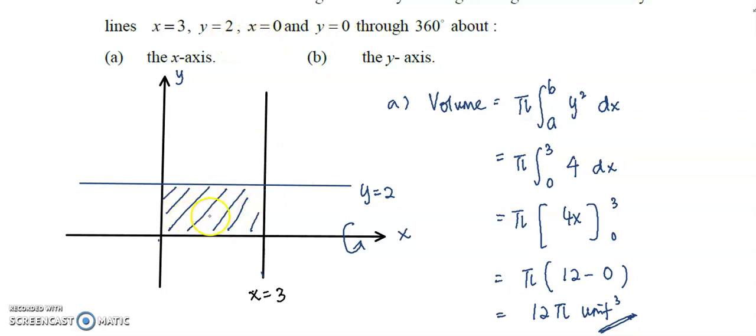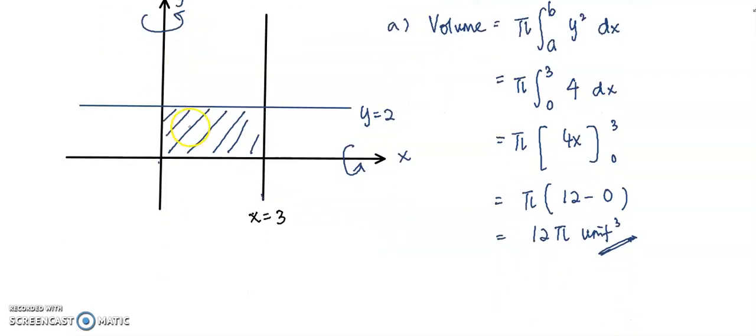Now this piece of region is going to be rotated about the y-axis for 360 degrees. So we will form another cylinder, a shorter and fatter cylinder.